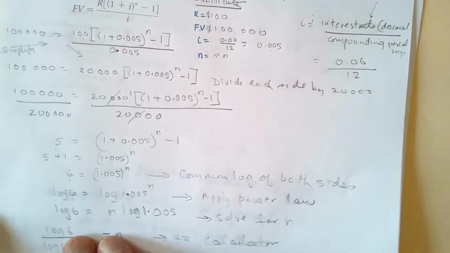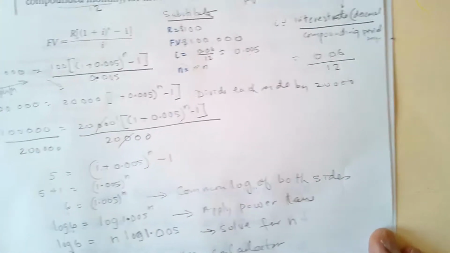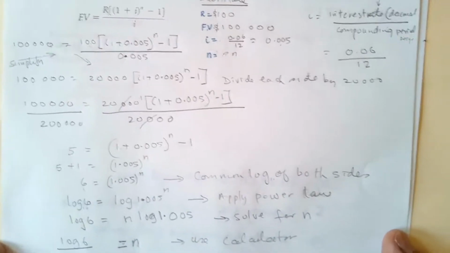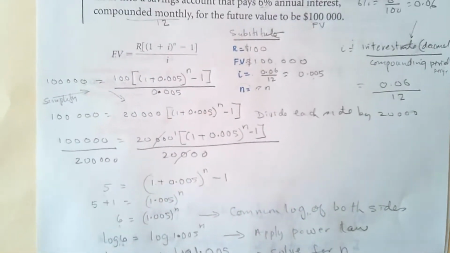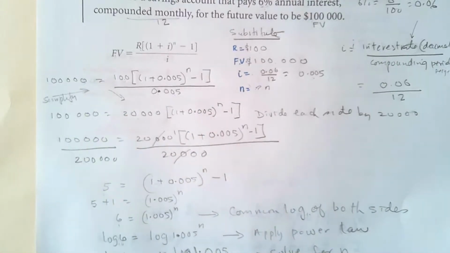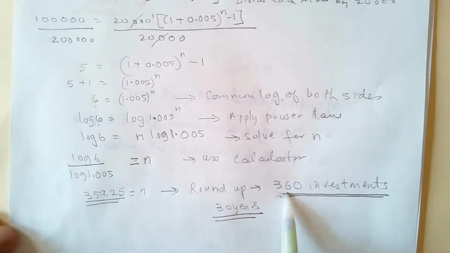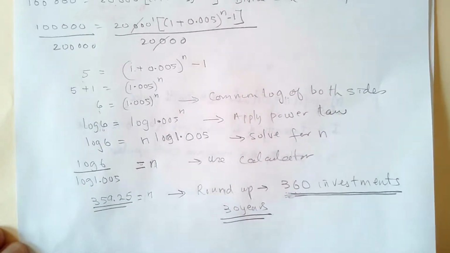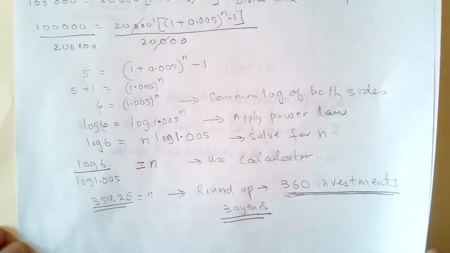The first question, we looked at finding how many investments you have to make so that you can have a future value of $100,000. We discovered it will take you 30 years or 360 investments. How about $100 each month?